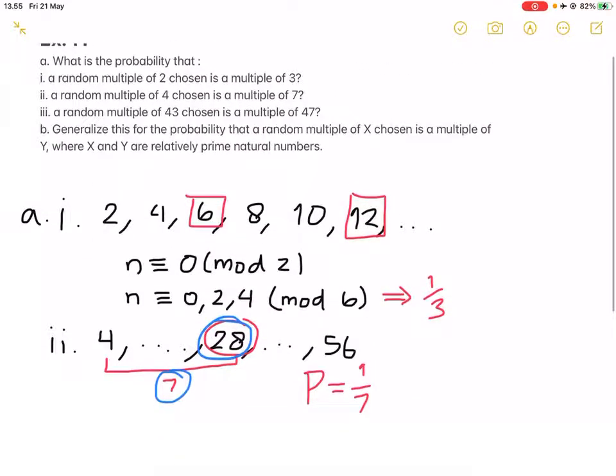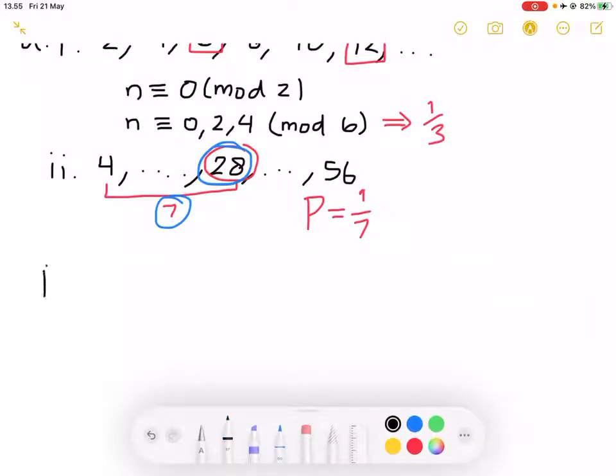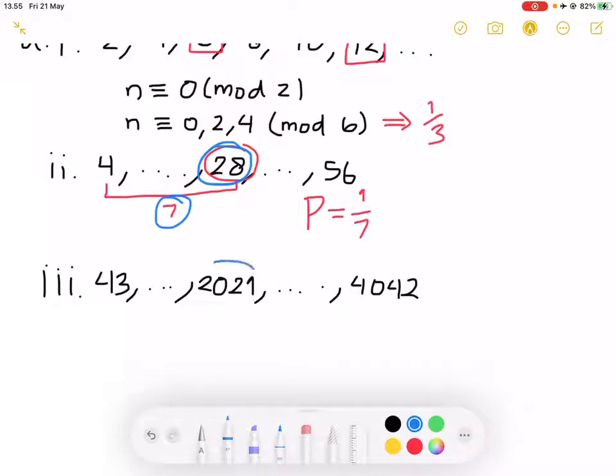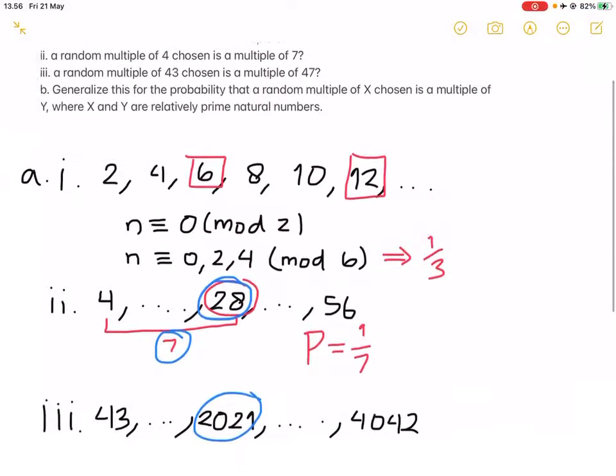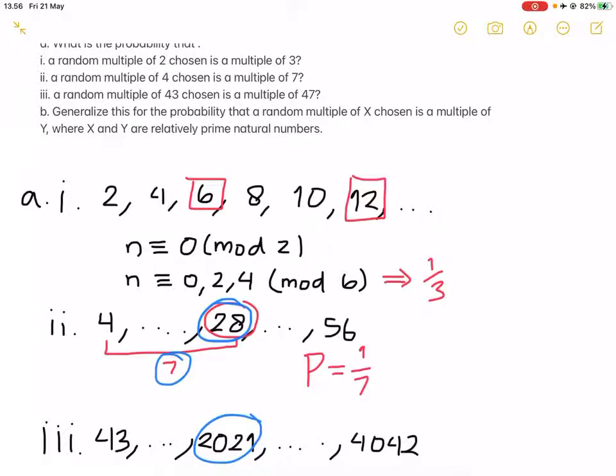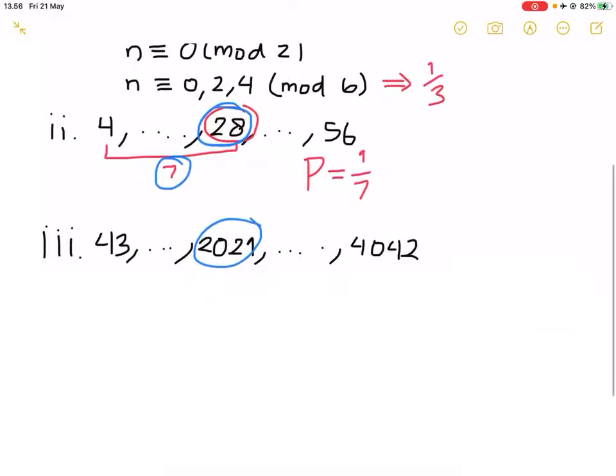Okay, now for part 3, another similar one. Let me skip to, let's say, 2021, which is the year that I'm uploading this, by the way. And then we can skip all the way up to 4042, for example. Notice that I picked these specific numbers because they are the numbers that are a multiple of 43 and a multiple of 47 simultaneously.